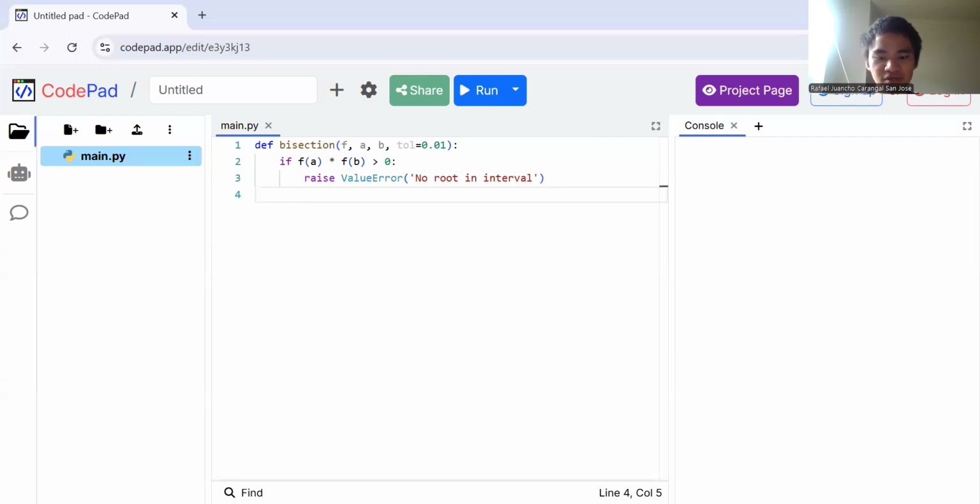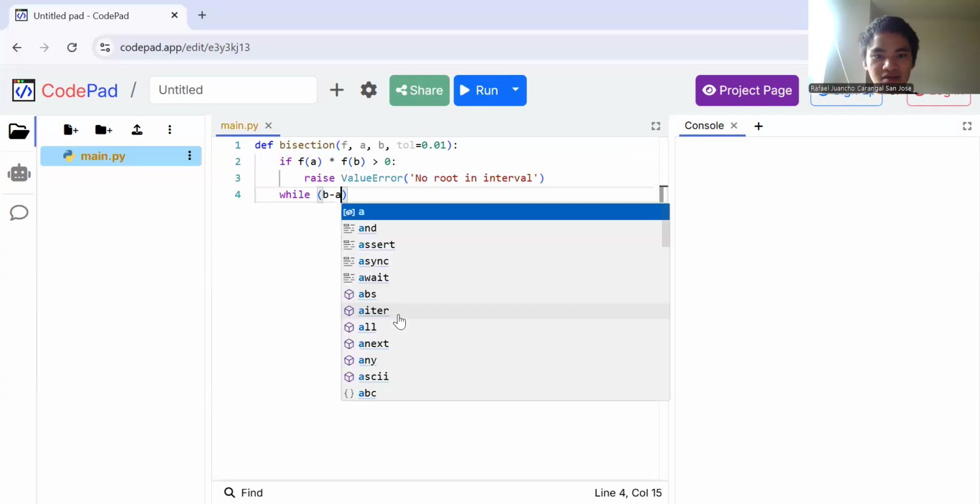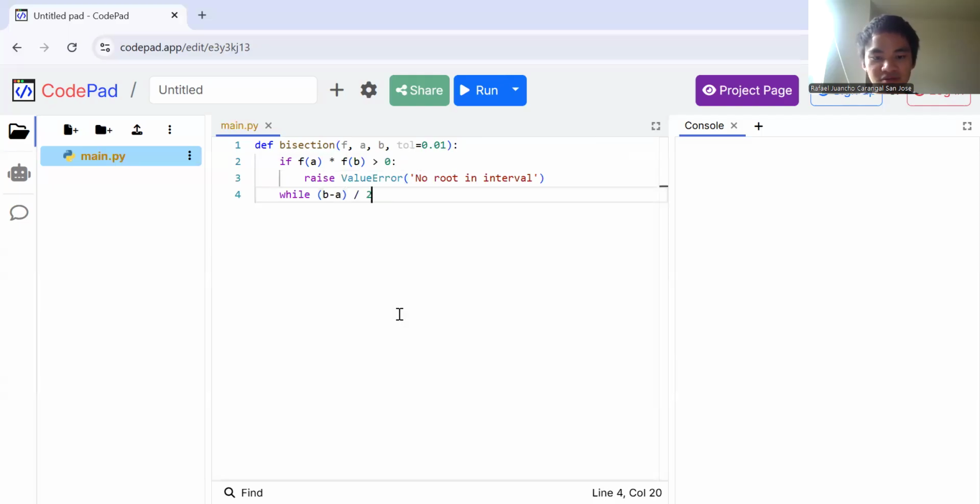Okay, then I'm going to do a while loop here. While b minus a divided by 2 is greater than my tolerance, right? Then I'm going to get its center.